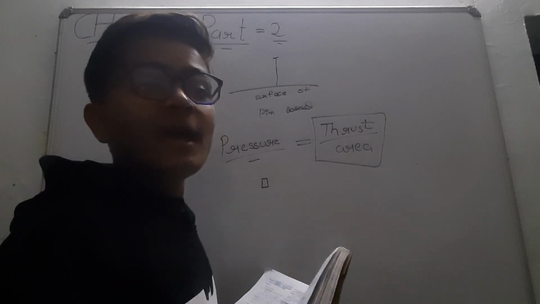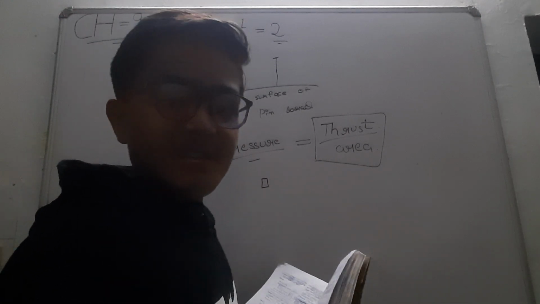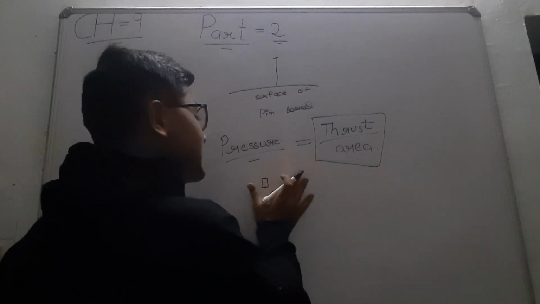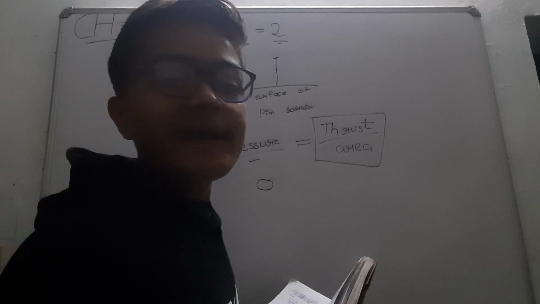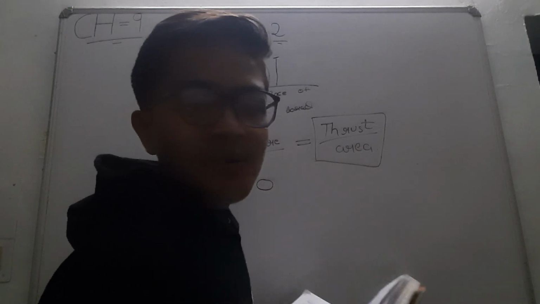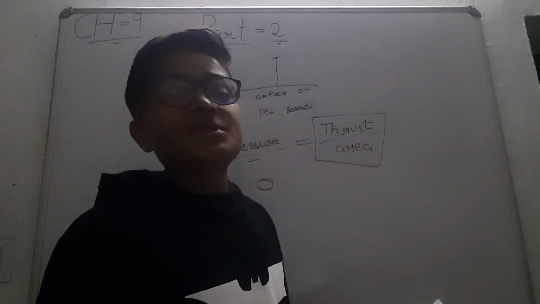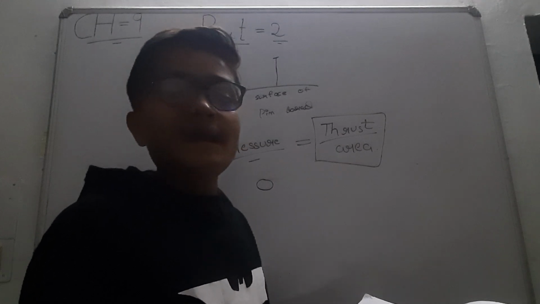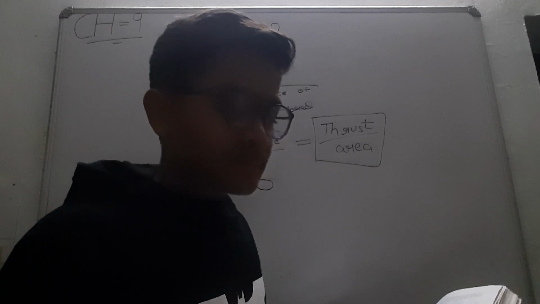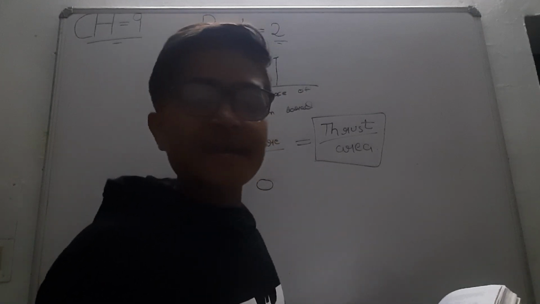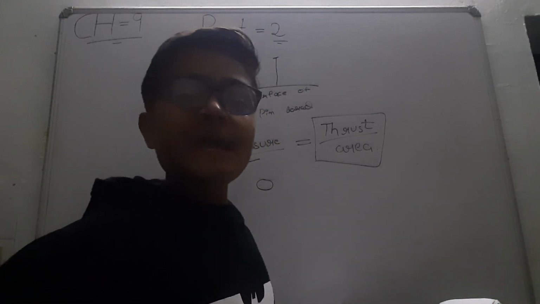If the area increases, the pressure will decrease. So that's why the tires are broader than the tires of the car. Remember students, if the pressure increases, it means the area is less, and if the pressure decreases, it means the area increases.